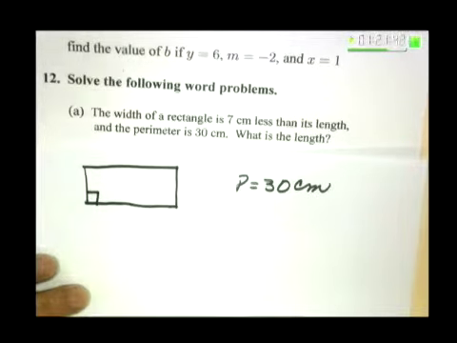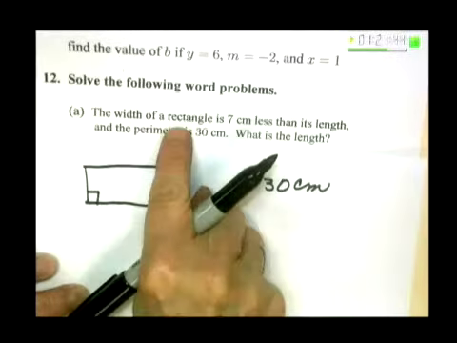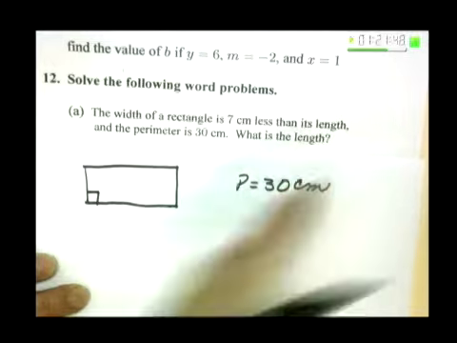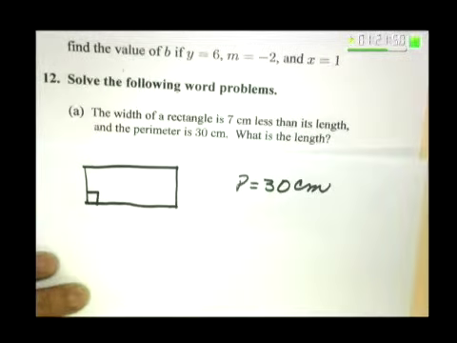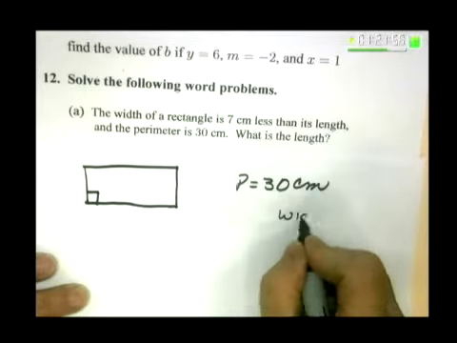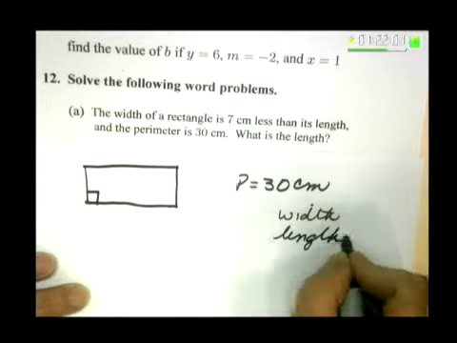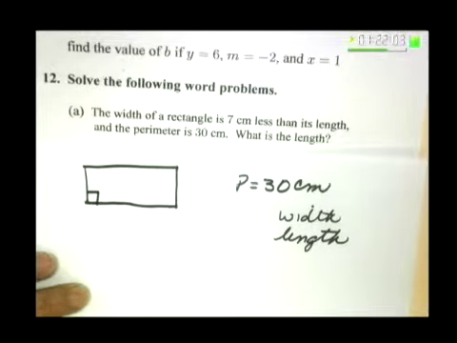Now I have to get to the hard part. The hard part says the width of the rectangle is 7 centimeters less than the length. Now whenever you're doing a word problem, one of the easiest things to do is this: I'm dealing with two different things, the word width and the word length. And I have to let something represent both the width and the length.